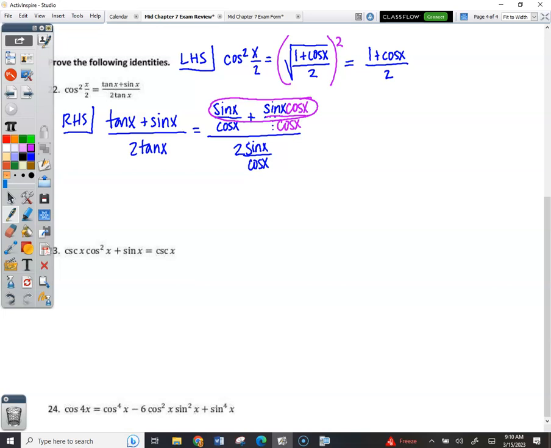So that told me, okay, they both have a sine. What if I pull the sine to the front, factor it out? It's the equivalent of having, like, if you had this. They both have a y, so pull a y to the front, you'd be left with 1 plus x. So I get left with 1 plus cosine. And when you keep, change, flip, the sines cancel.